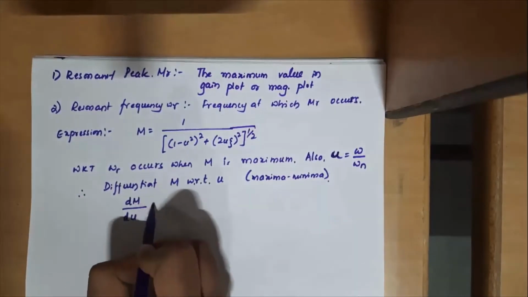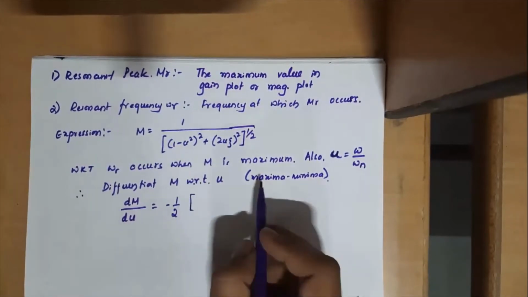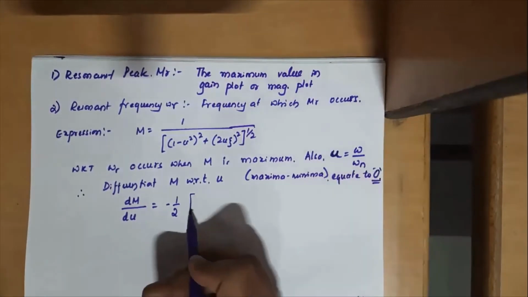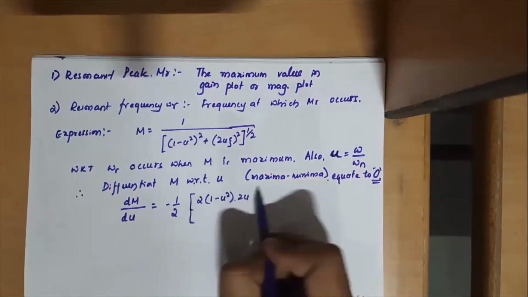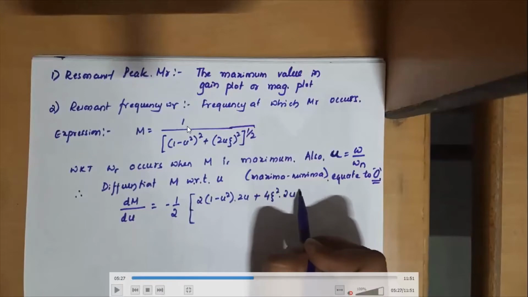So dM by du equals minus 1. I'm directly writing the differentiation and equating it to 0. I will keep the denominator. I can differentiate directly here because it's a plus sign.